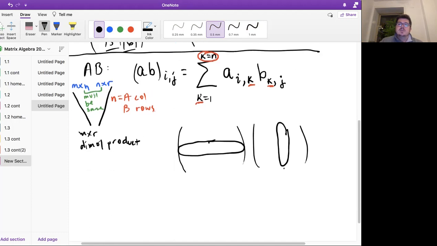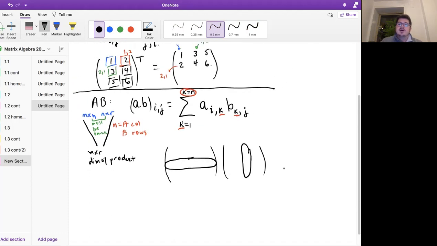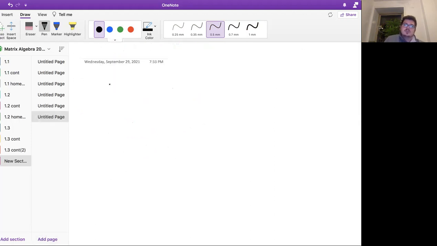Okay, so let's think about what it means to take the transpose of this product and see if we can come up with some general formula. So let's think about the transpose after producting.